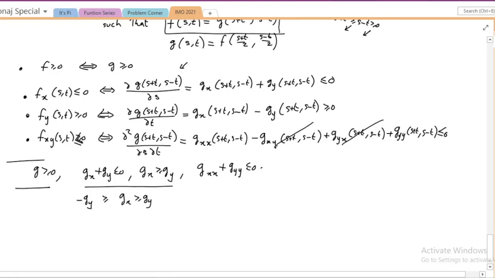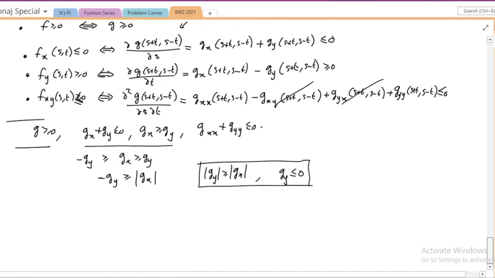So g_y has to be negative, and not just that, when we take the negative value of that, it is bigger than g_x in absolute value. So in essence we have that g_y is greater than g_x in absolute value, but g_y is less than or equal to 0. That's what those two conditions come down to.